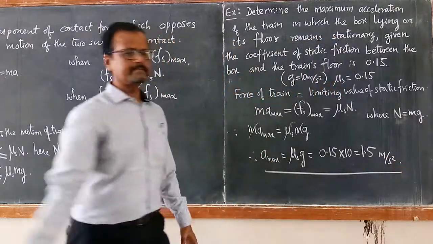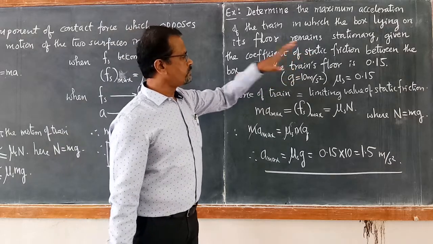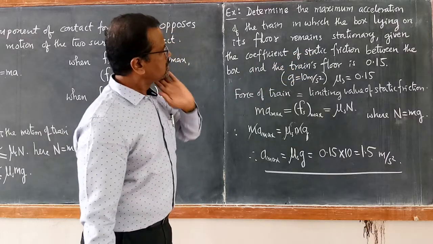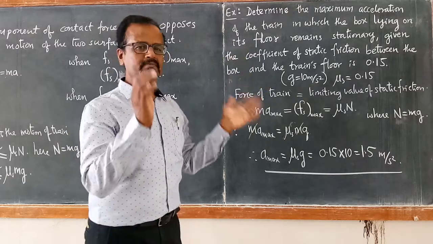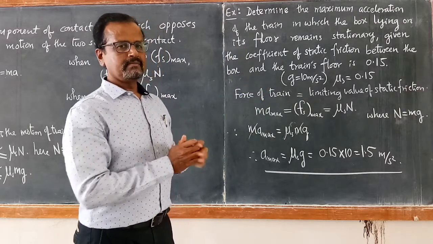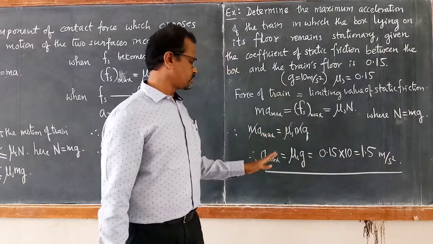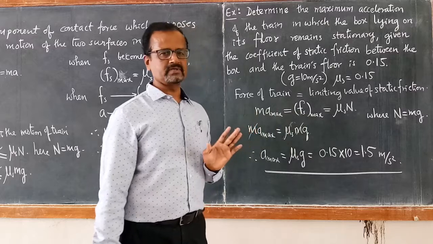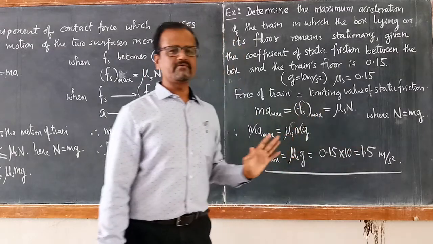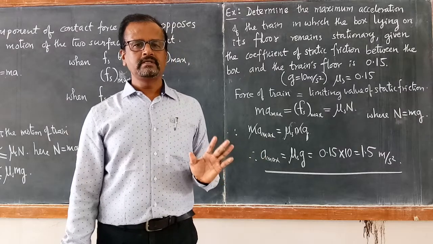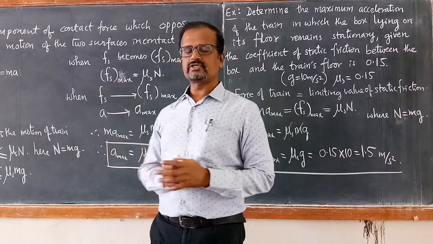This is very interesting. For the box to be at rest, the maximum acceleration does not depend on the mass of the box. It depends only on the coefficient of static friction. This is how we need to solve the problems from this consideration.